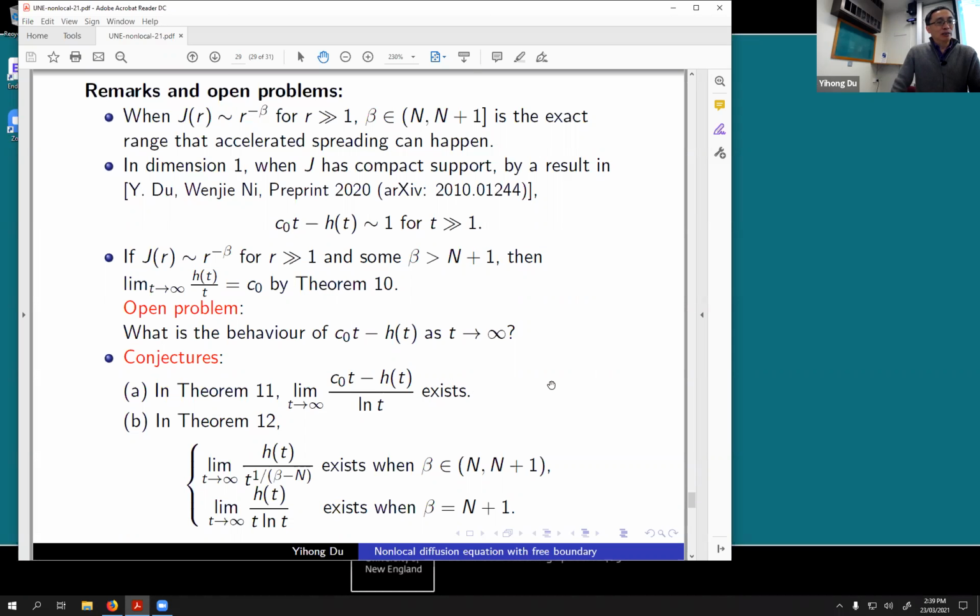You see, in ecology data, to find the diffusion rate D for a given animal, you don't get one D, you get a range of D, like from 0.1 to 5, such a big range. And for the spreading speed c star or c0, we found the exact value, but there are so many uncertainties in your model.